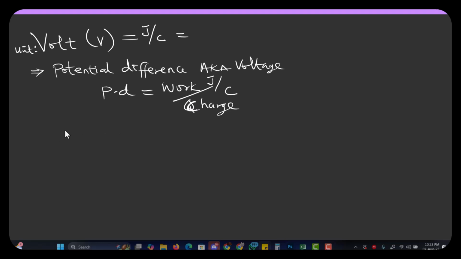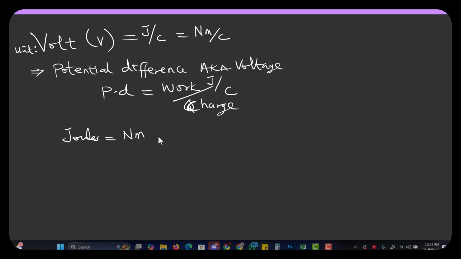Now let's continue. For joules, if you may recall, I told you that another unit for joule is Newton meter. So if another unit of joule is Newton meter, you now see that another unit you're going to have is Newton meter per coulomb.